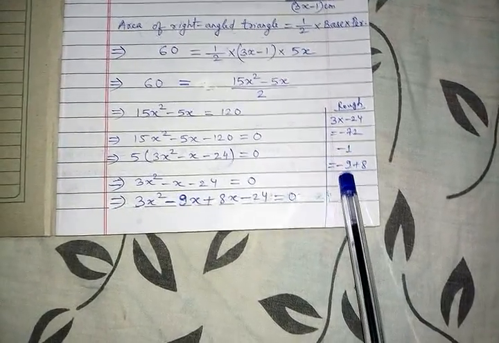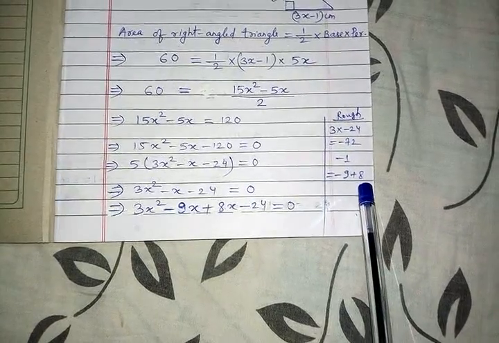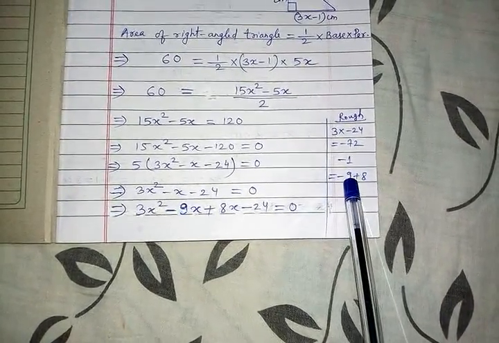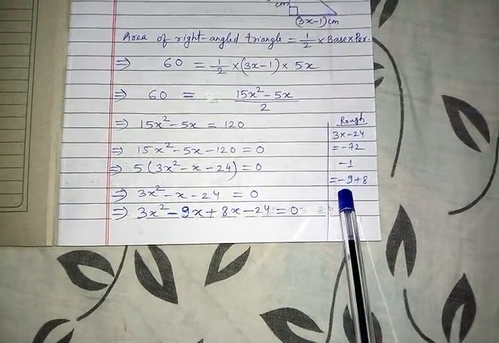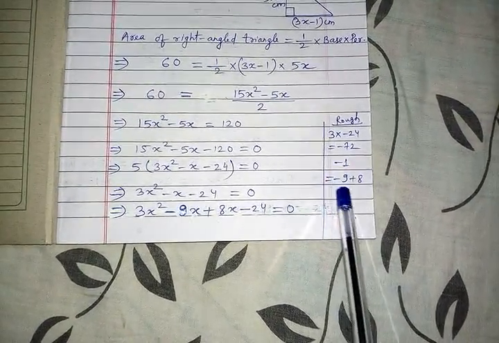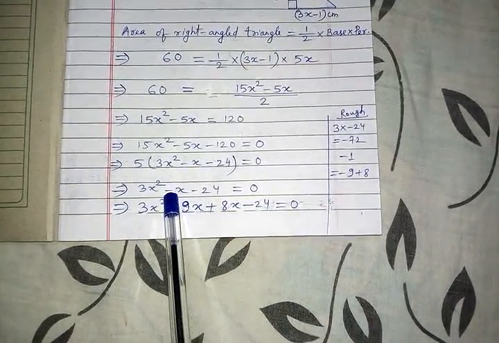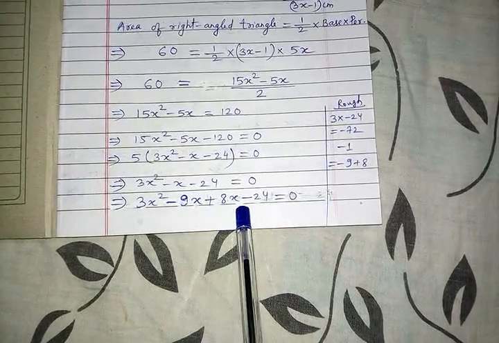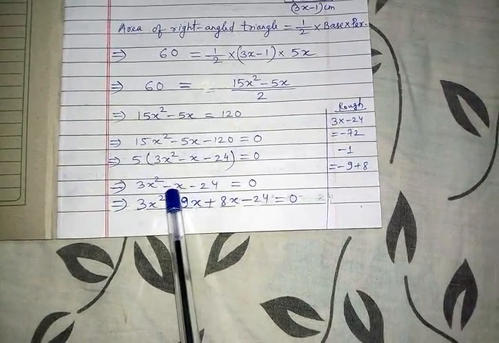So minus 1 can be split as minus 9 plus 8, because minus 9 plus 8 is minus 1, as well as 9 into 8 is 72, with the product minus 72. This is the way we split minus 1x. So minus 1x we wrote as minus 9x plus 8x, which is the same as minus x.